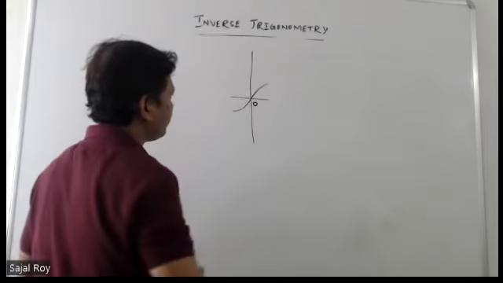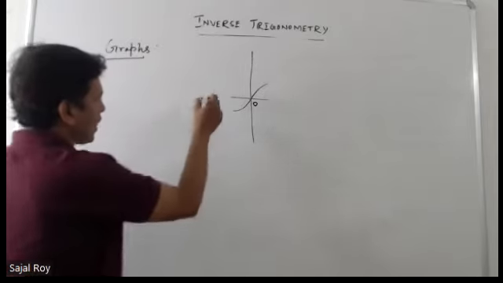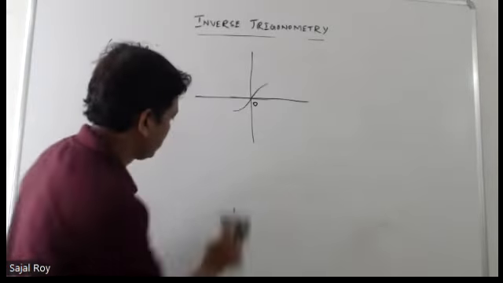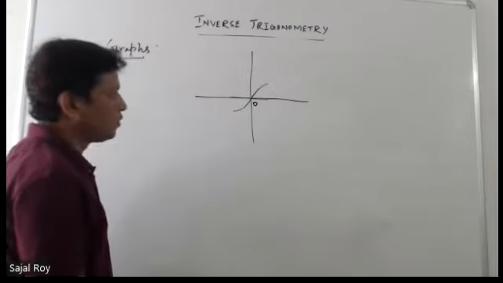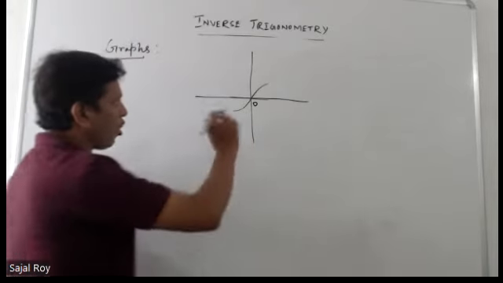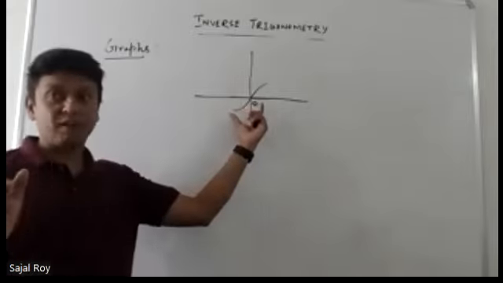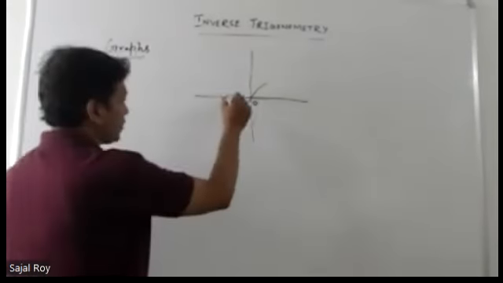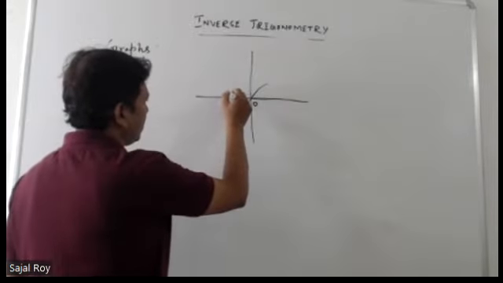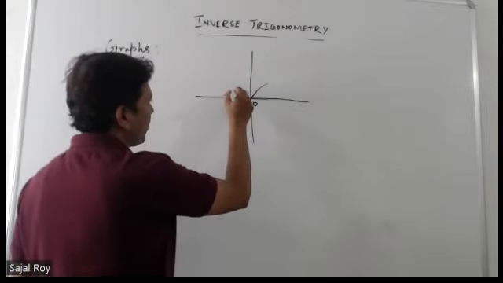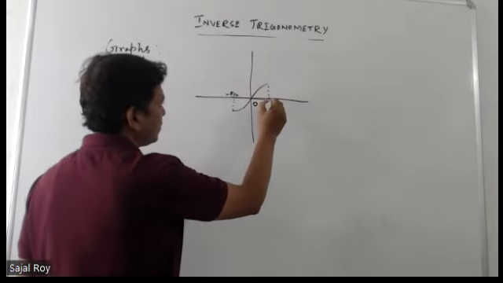Am I clear? So this is your sin x. Now I will draw sin inverse x. For this part the inverse exists. What is the domain of this part? Minus pi by 2 to pi by 2, right?